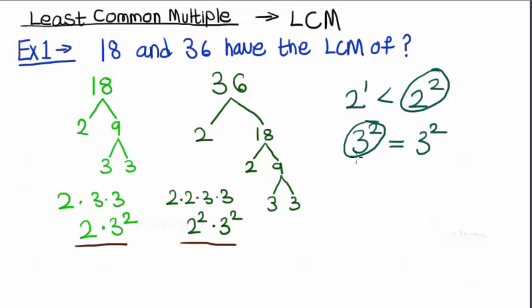So I have 3 to the power of 2 over here and 2 to the power of 2 over here. So I need to multiply these two together. Now when I simplify this over here, I get 4 times 9, which gives me 36. Therefore, the least common multiple of the number 18 and 36 is 36.